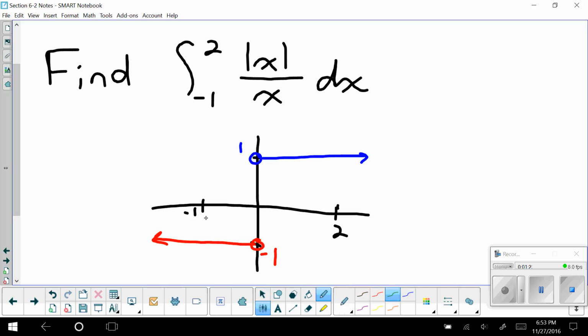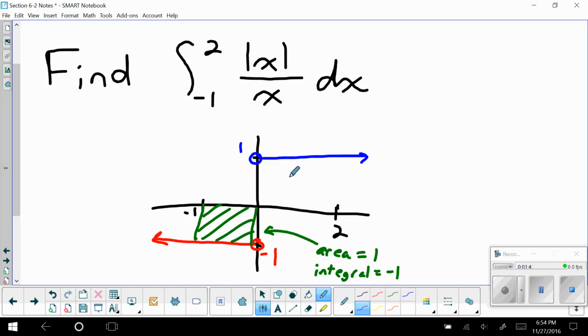Well, I can still think of this in terms of area, where from -1 to 0, my area would be 1, but because I want to think in terms of the integral, it would be -1 because that's below the x-axis. And from 0 to 2, my area would be 2.